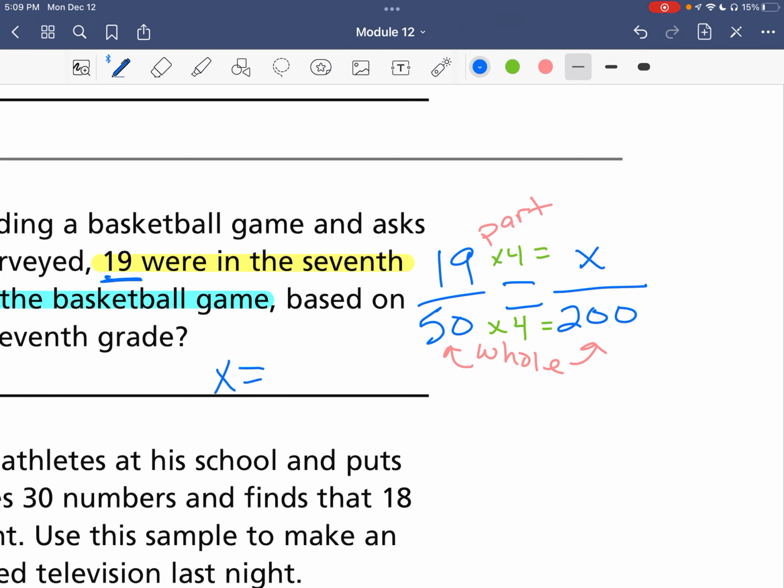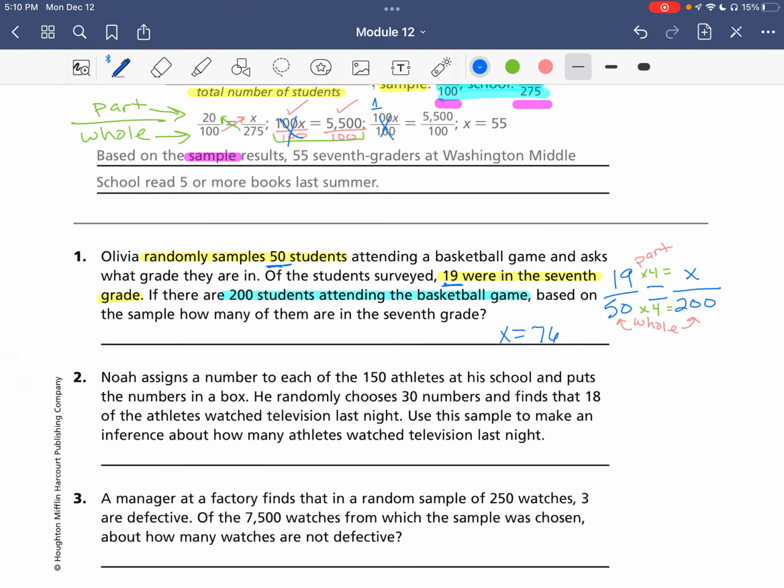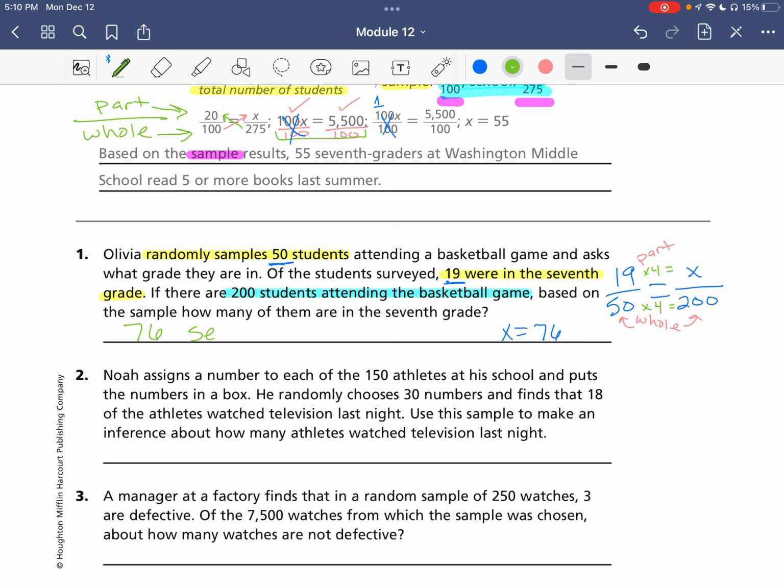So x will equal 76 students, but let's put this into a sentence here. So out of the 200 students, 76 are seventh graders.